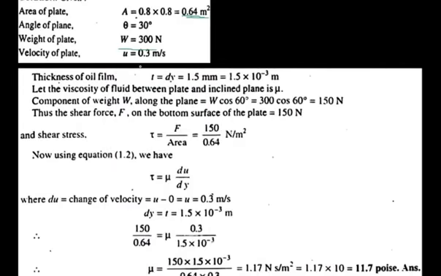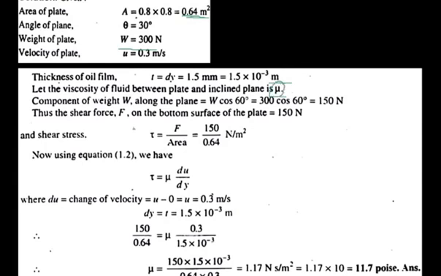So what have they given? The thickness of the oil film they have given, that is dy, that is the thickness, 1.5 mm, that is 1.5 into 10 power minus 3 meter. We have to convert to SI unit. So let the viscosity of fluid between plate and inclined plane be mu. We know that. This is the reason for the viscosity, right?